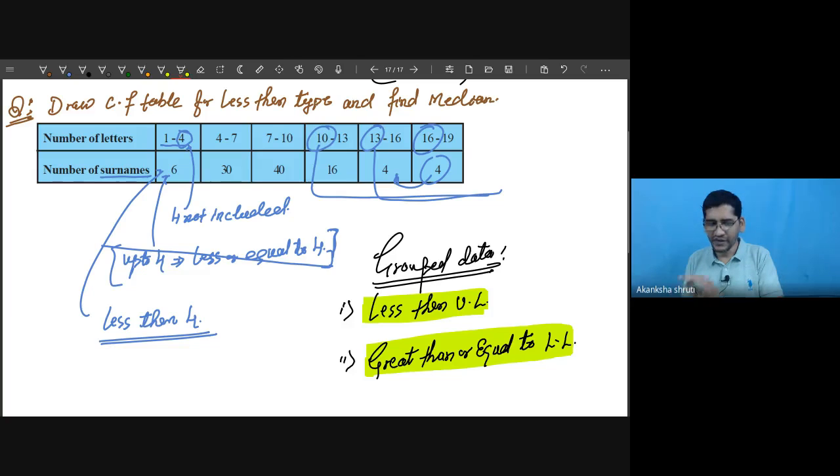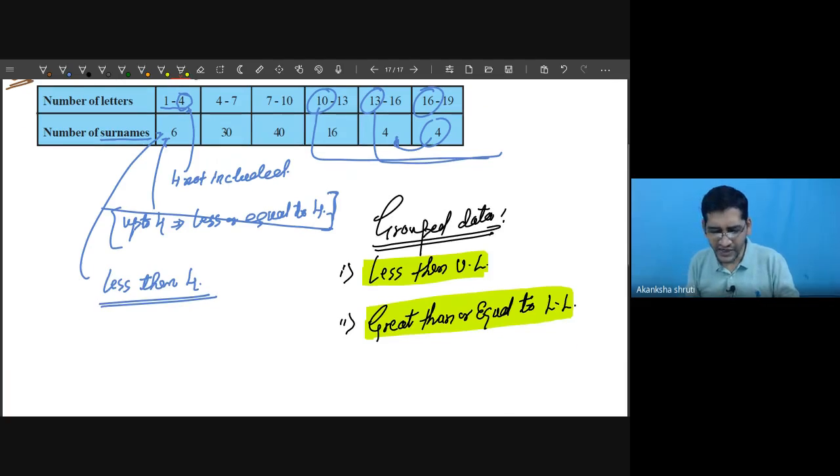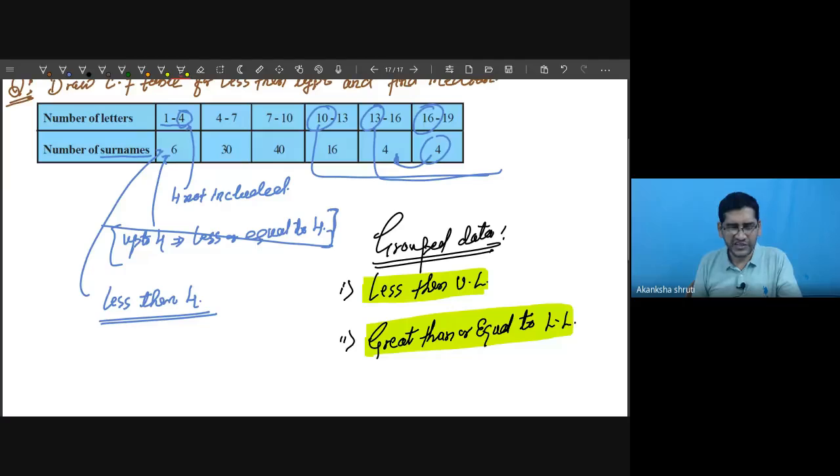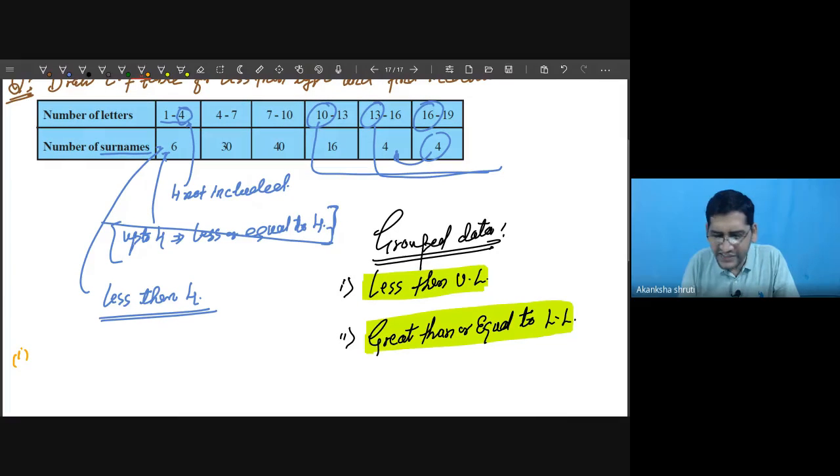So we can tabulate this in two forms. One is lesser than upper limit. The other one is greater than lower limit. I will tabulate both, and from each of them, we can calculate the median. Okay, student? So write down the lesser than type. So first, I'm going to write for the lesser than type, though in the question I have asked only for the lesser than type.